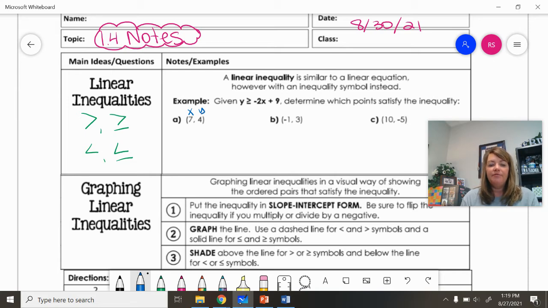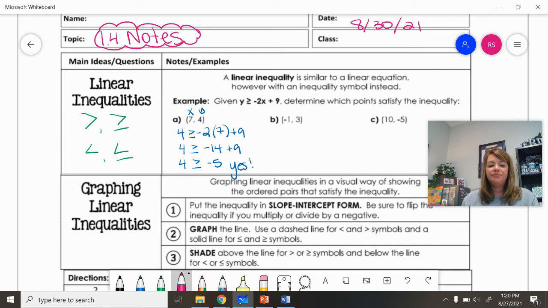So I'm going to plug 4 in for y. And is that greater than or equal to negative 2 times 7, because I'm plugging 7 in for x, plus 9. And then we just do the math and we figure out, is 4 greater than or equal to negative 14 plus 9, which is negative 5. Is that a true statement? Is 4 greater than or equal to negative 5? Yes. So this one is a yes.